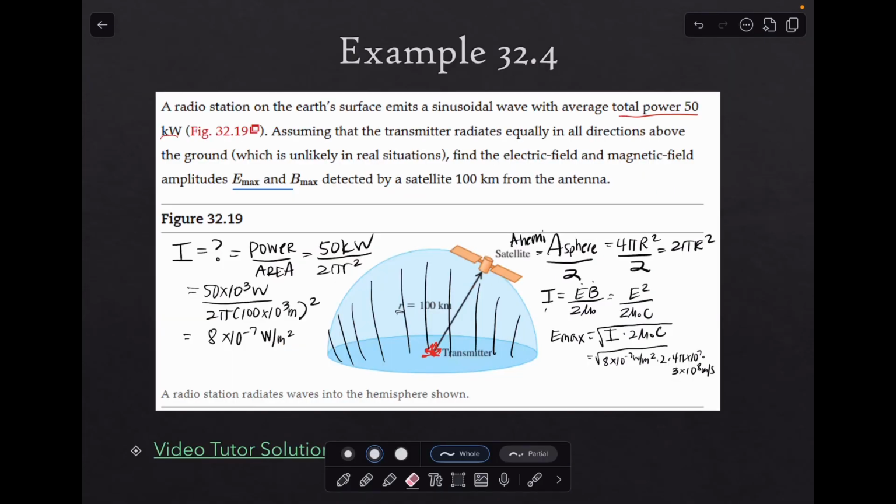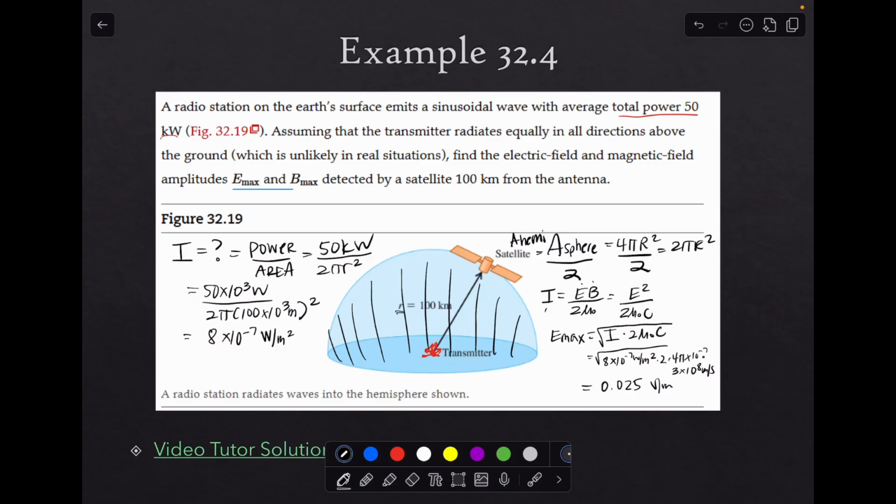Whoops, that's 10 to the minus 7 there. There we go. And we get 0.022425 volts per meter.